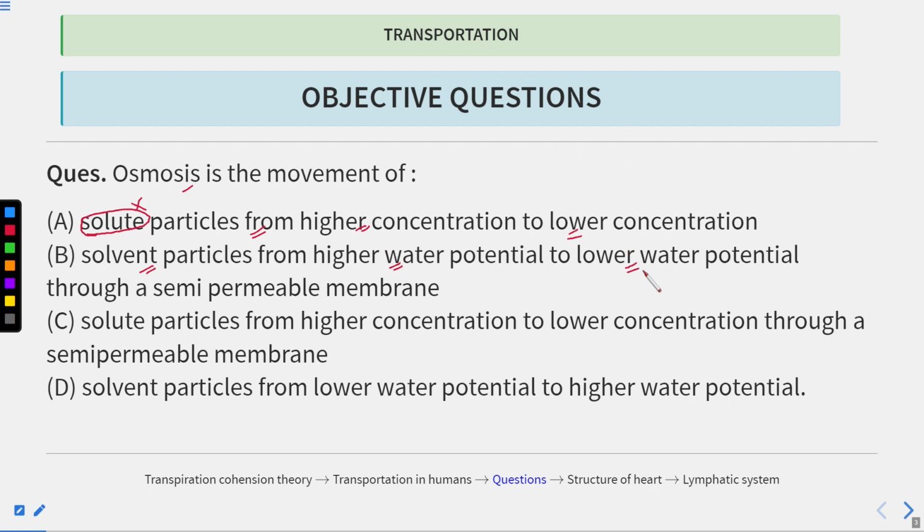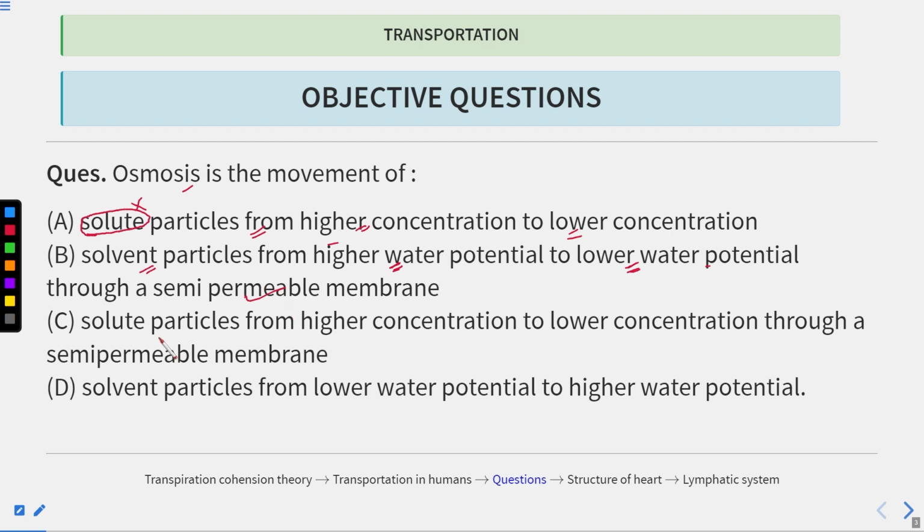Or you can say movement of the solvent particles from a higher concentration of the solvent to the lower concentration of the solvent. Here the solvent is water. So it is movement of water molecules through a semi-permeable membrane. I've told you a semi-permeable membrane is also required for osmosis to take place.